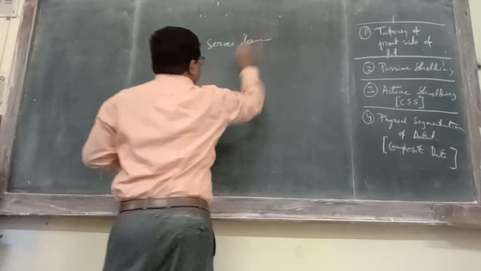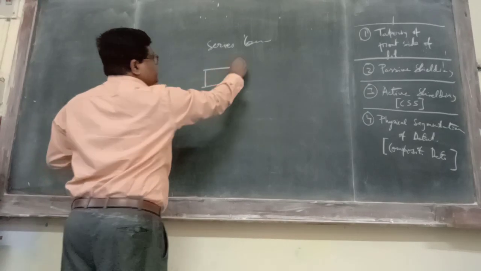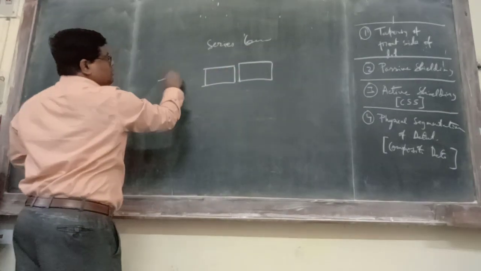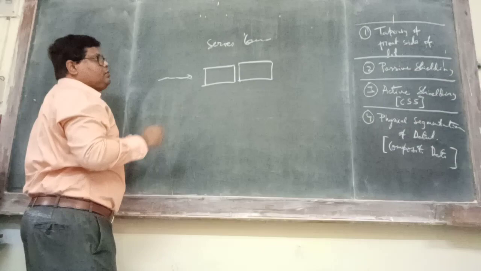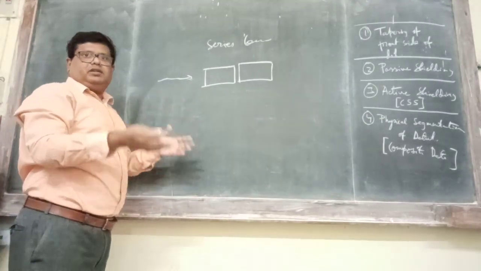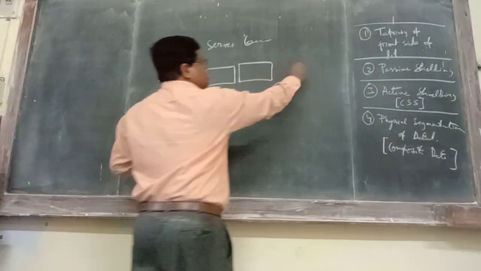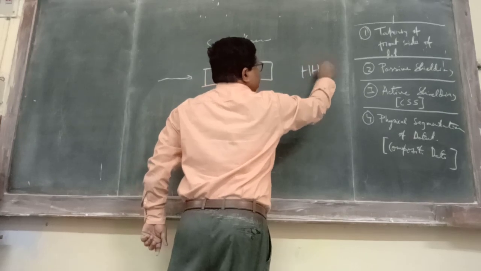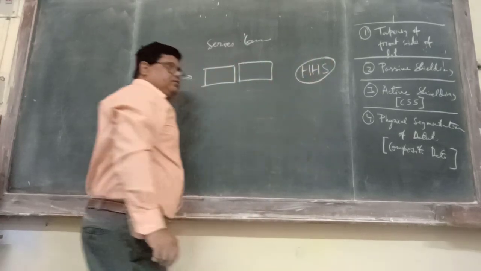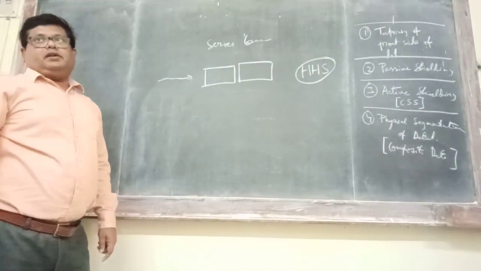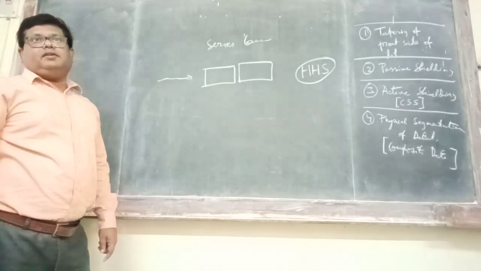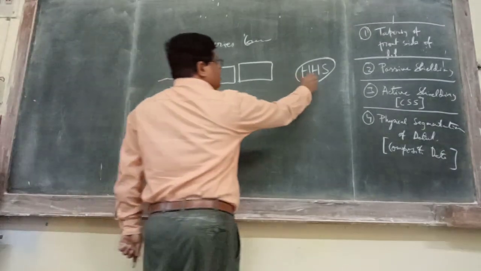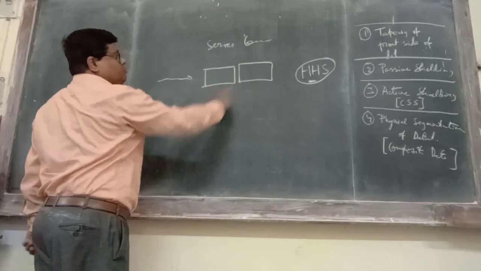Series combination: we have one detector over here and another detector at the back. This is the gamma ray. Now you must be saying, sir, is this hypothetical or do they really exist? You can check over the internet. There is something called the HHS spectrometer, high resolution spectrometer.